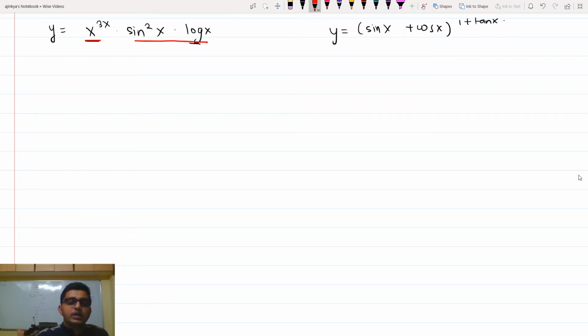But it is going to be a tedious and complicated process to handle, right? Here, instead, since we have the power as 3x and x in the base, it is going to be difficult to solve such examples. And only if we take logarithms or log on both sides, it is going to be easily converted into a simpler form.